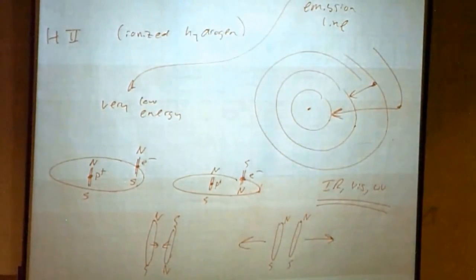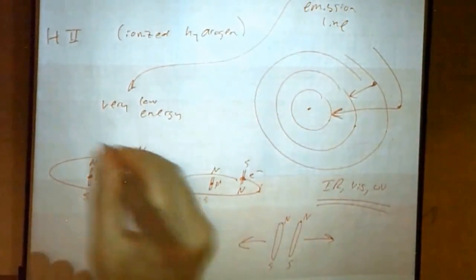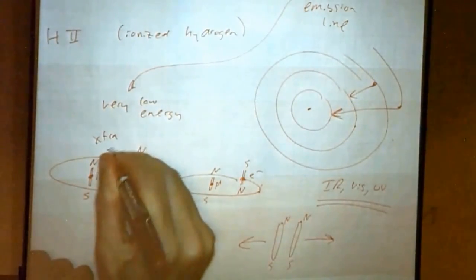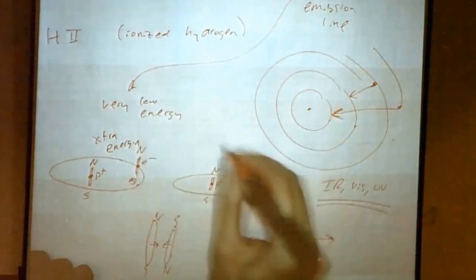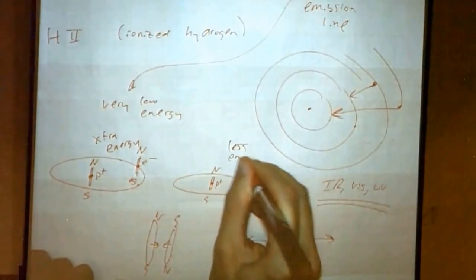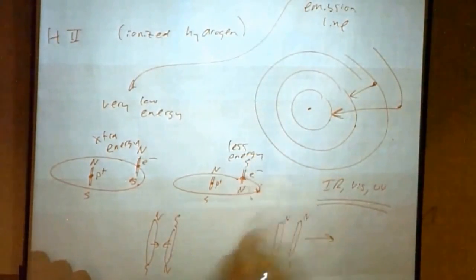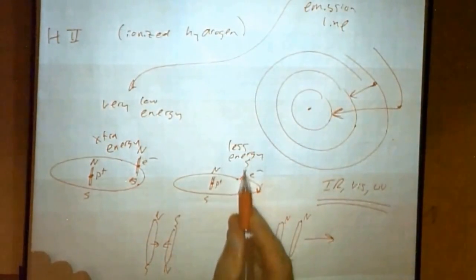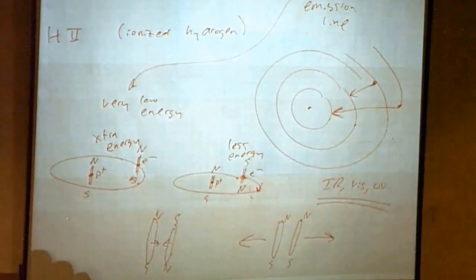The hydrogen atom, cold hydrogen, with the electron in the ground state, meaning it's cold. Same deal. This takes extra energy. This takes less energy. The bar magnets like to be held together this way. They don't like to be held together that way.